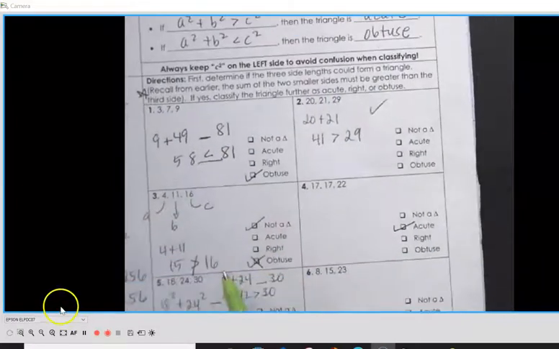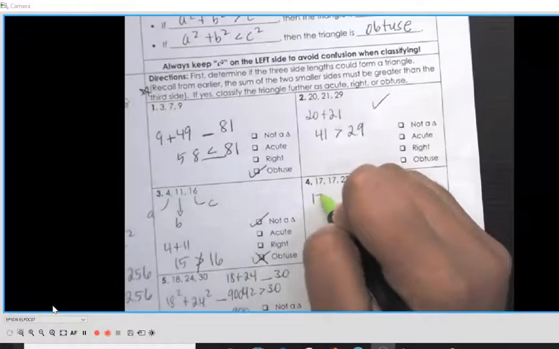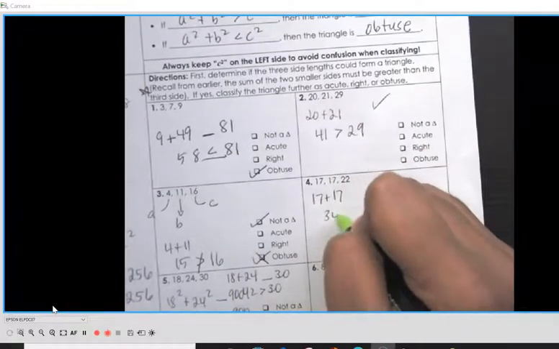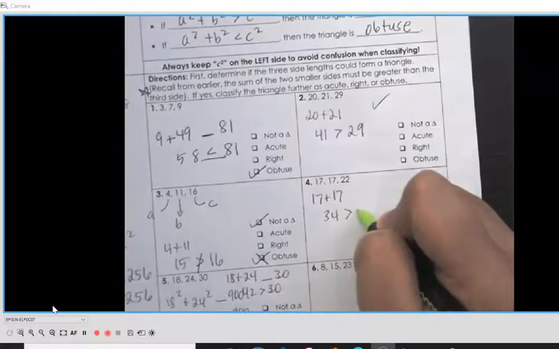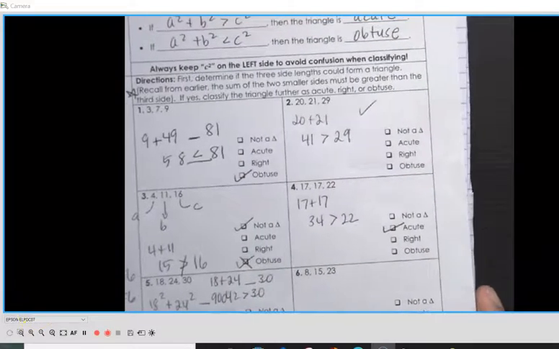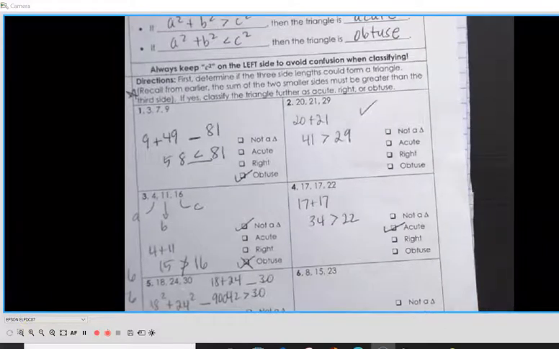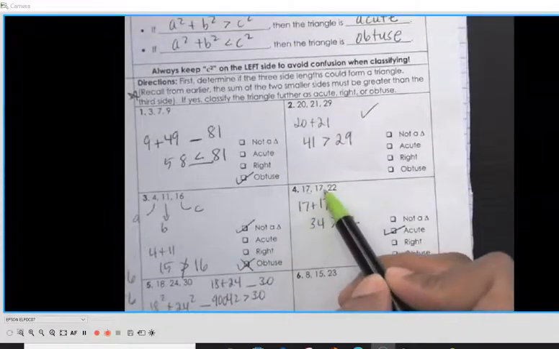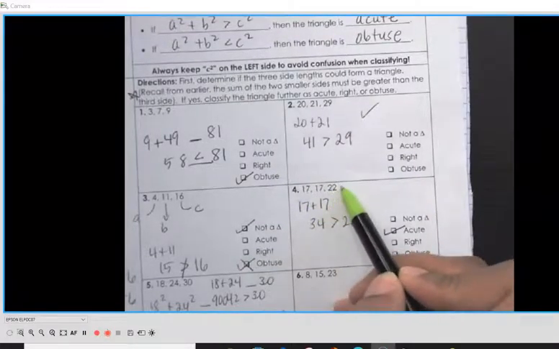So let's look at number 4. 17 plus 17 is 34, and 34 is greater than 22. So then when I begin to do the Pythagorean theorem, I know that 17 squared is 289. Remember, the long side is the hypotenuse.